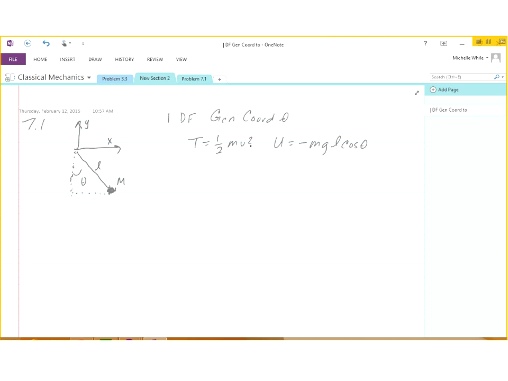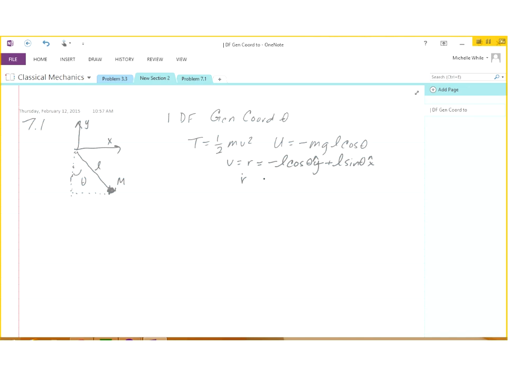V is R, and this can be kind of confusing. The pendulum floats in different directions, so R isn't equal to L, but it's related to L. Negative L cosine theta in the y direction plus L sine theta in the x direction.